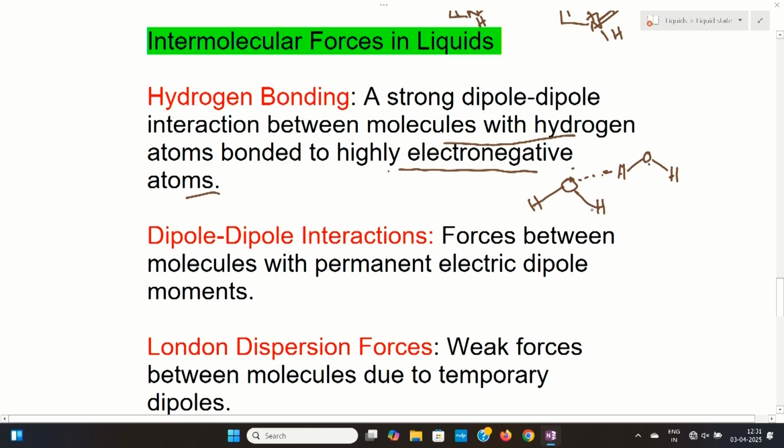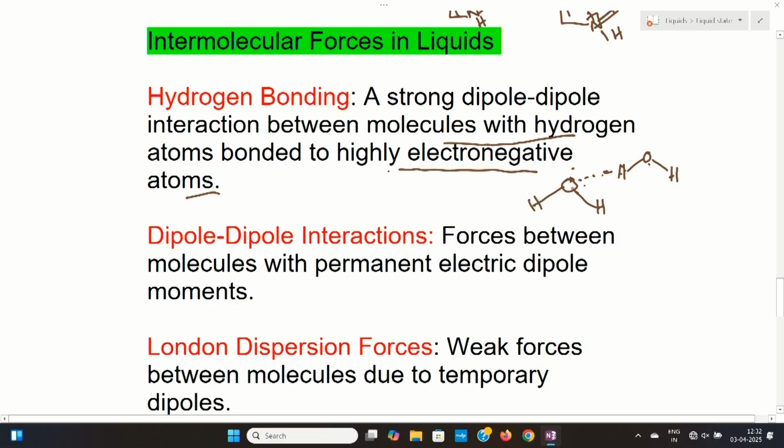So, here one water molecule is there, the oxygen of this water molecule is bonded to the hydrogen atom of another molecule. This is the example of hydrogen bonding. Here the oxygen is electronegative compared to hydrogen. So, this highly electronegative oxygen has an attraction towards this hydrogen. This is what hydrogen bonding is.